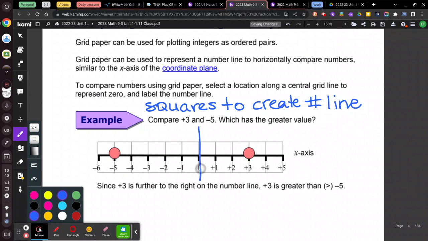You find 0, put it in the middle, and then you plot your numbers left to right, and each one gets a box. From one edge to the other edge of the box, that's going to be 1 space.